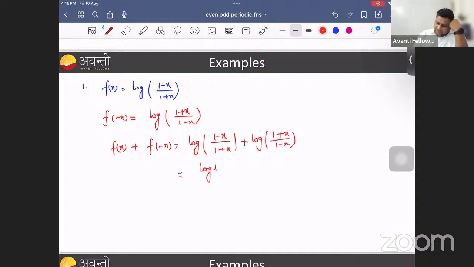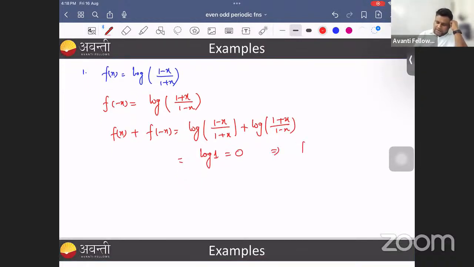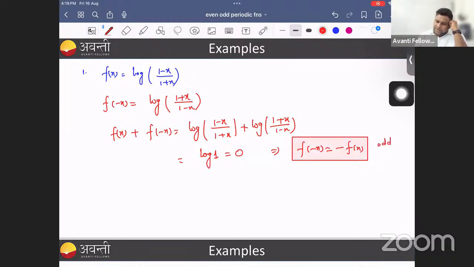And that is log 1, and log 1 comes 0. So it's quite clear that f of minus x is going to be minus of f of x. Yes or no? So it became an odd function. Am I clear? Very simple example.